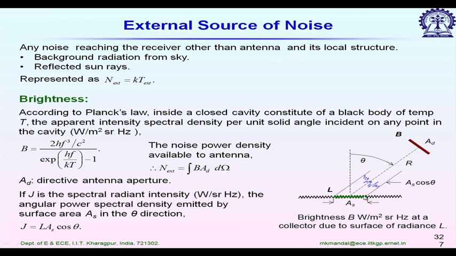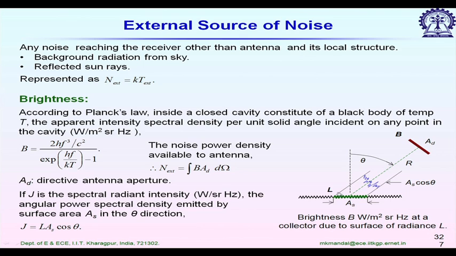So J is equal to L AS cos theta, where L is called the radiance. Radiance is simply the brightness per unit solid angle per unit area. We have to multiply L by this area term to obtain the total radiation received by the antenna.